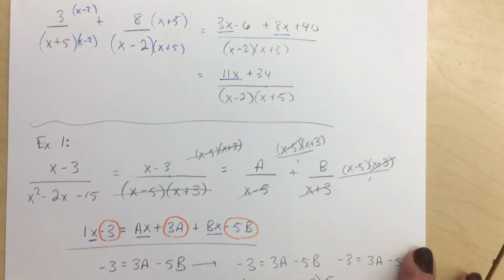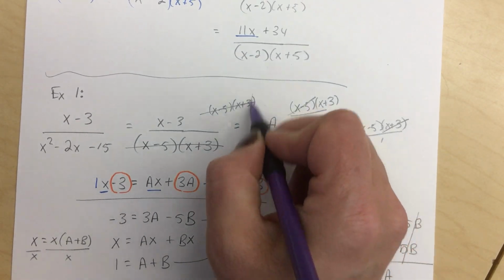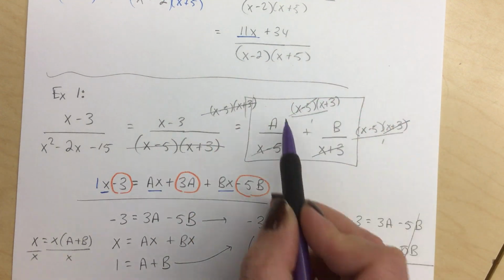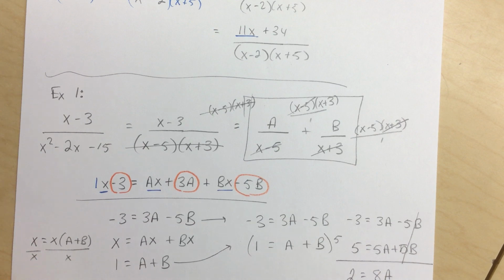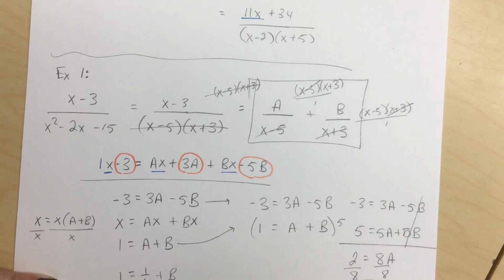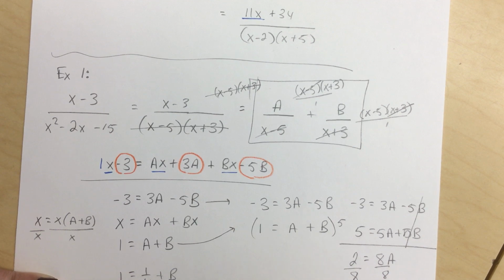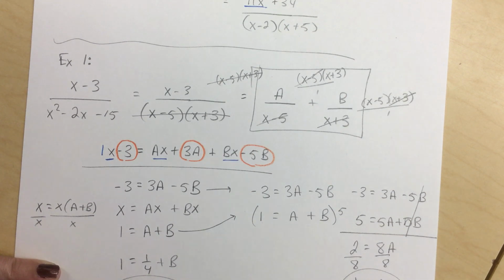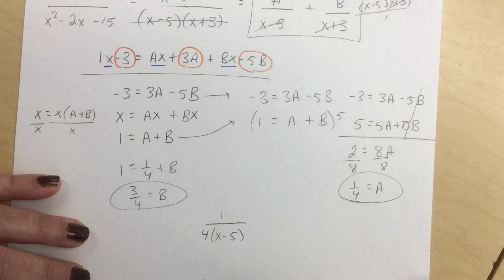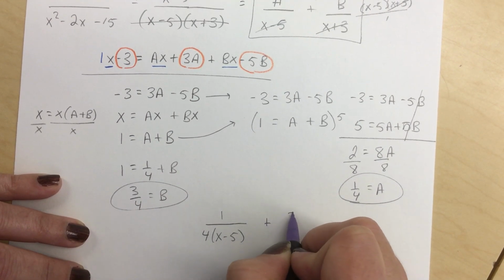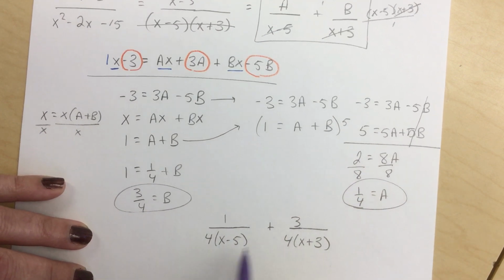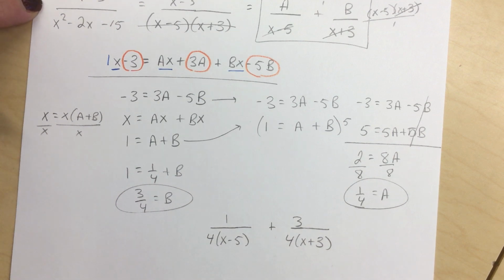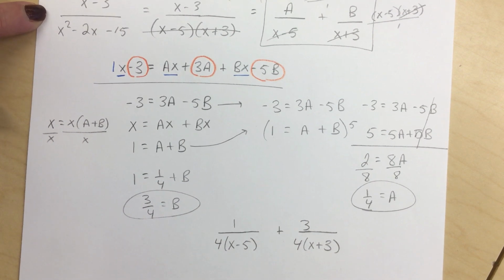Back up here, this is how we started: A over x minus 5 plus b over x plus 3. Well, we found that a is 1/4, so that means 1 over 4 times x minus 5, and I'll write this out a different way if it makes more sense to you, plus 3 over 4 times x plus 3 would equal our original x minus 3 over x squared minus 2x minus 15.